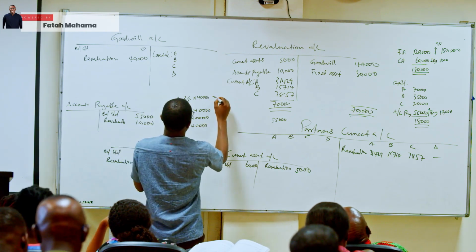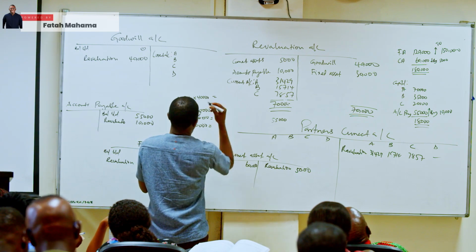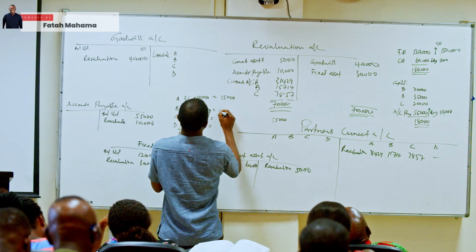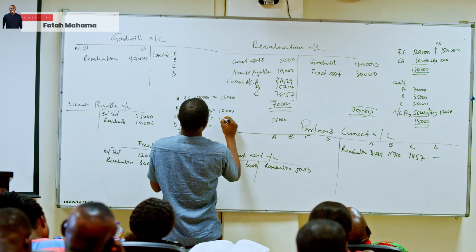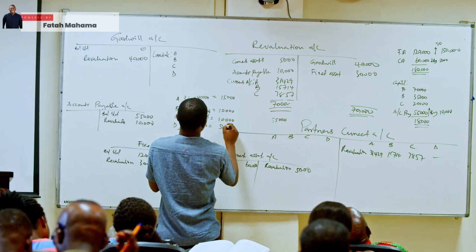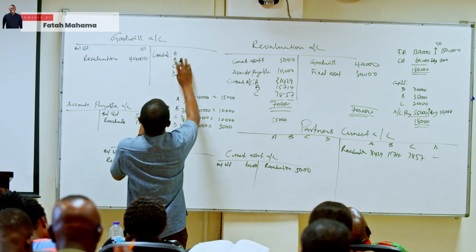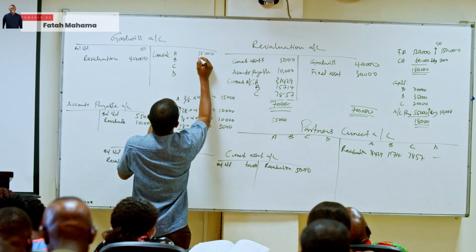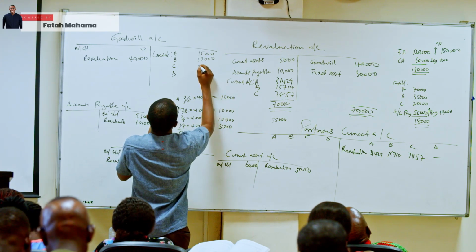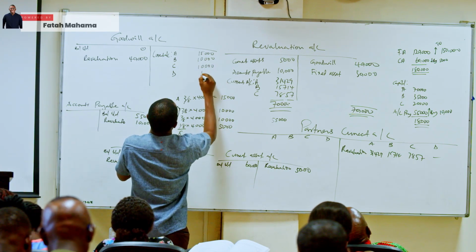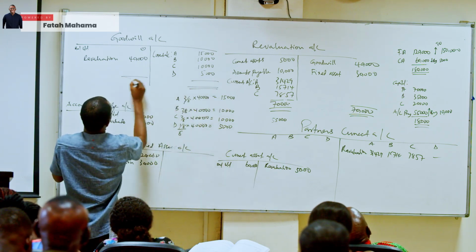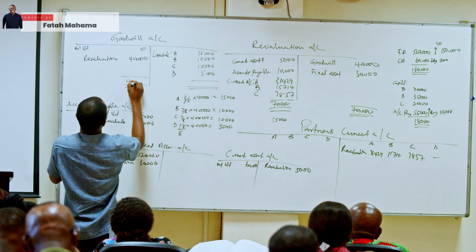What do we get? I think we've done these numbers already: 15,000, 10,000, 10,000, 5,000. So we credit this. This guy gets 15,000, this guy gets 10,000, 10,000, 5,000. So the goodwill account balances. There should be no balance for it.